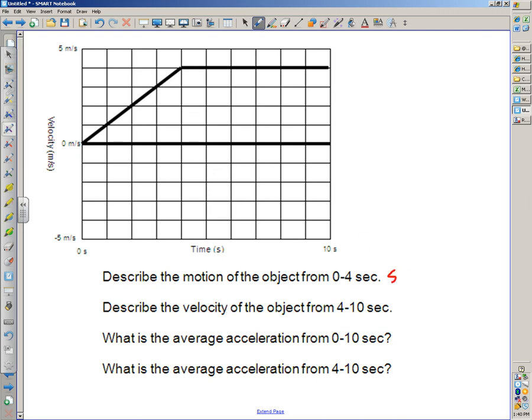Velocity 4 to 10 seconds. It's flat, it doesn't move. No. Oh, wait. My apologies. Oh, we just have to describe it. Average velocity is 0.4.